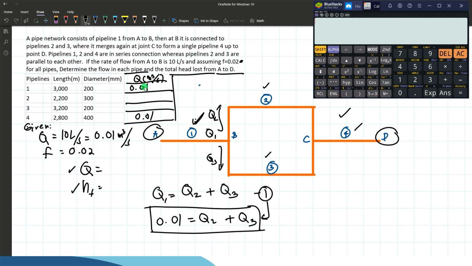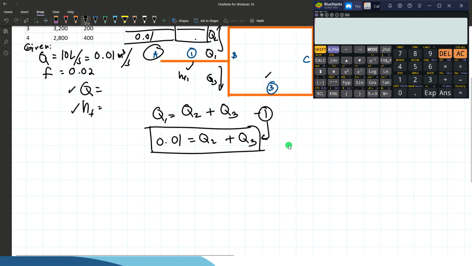Now since we have values for the discharges at pipe 1 and pipe 4, considering their head losses, HF, let's make another table. We can now easily determine the head losses at pipe number 1 and pipe number 4 because we have the discharges.